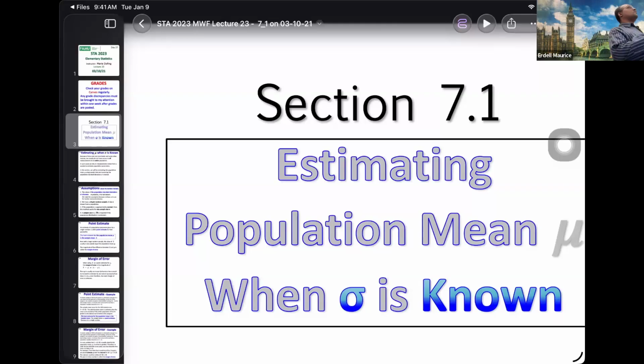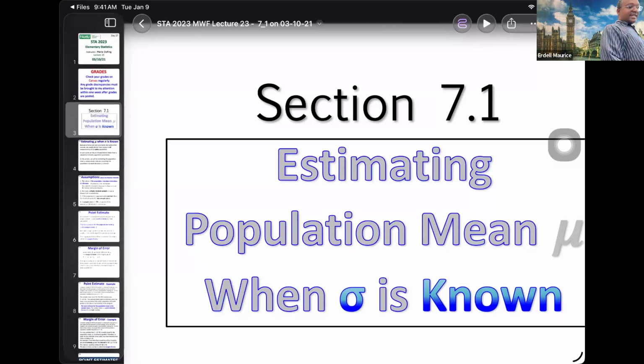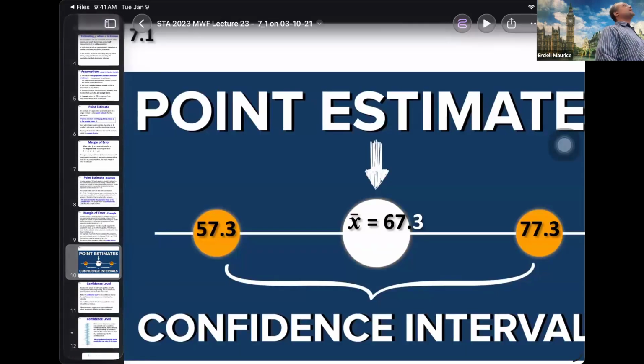Not confidential informant, a confidence interval. The idea behind the confidence interval is that if I do some kind of survey, some kind of process, and I get a mean, as in this example right here, I got a mean of 67.3. Well, the fact is, we know that this is a good estimate for the mean, but it's most likely not correct.